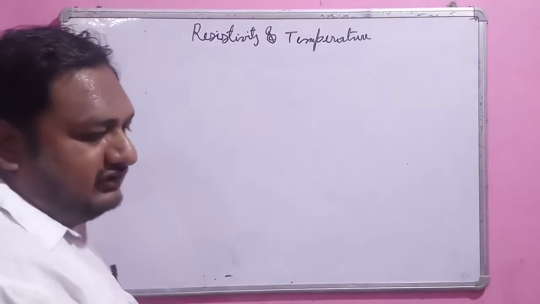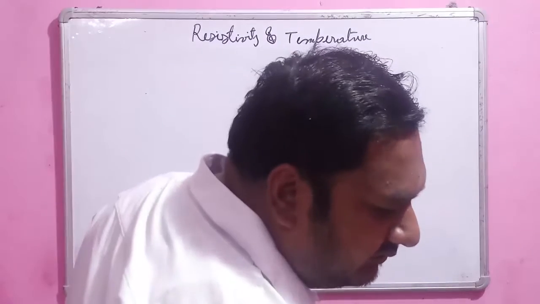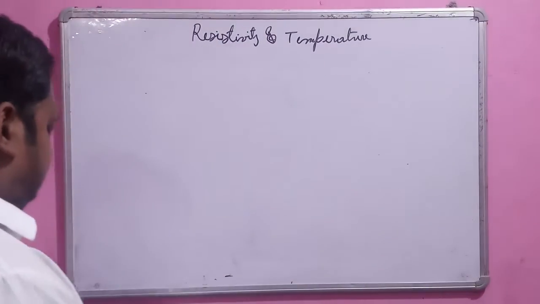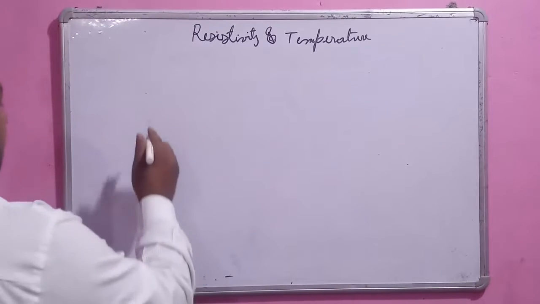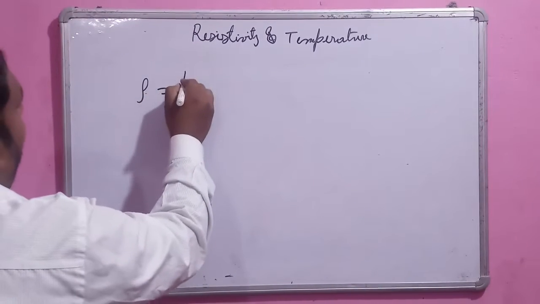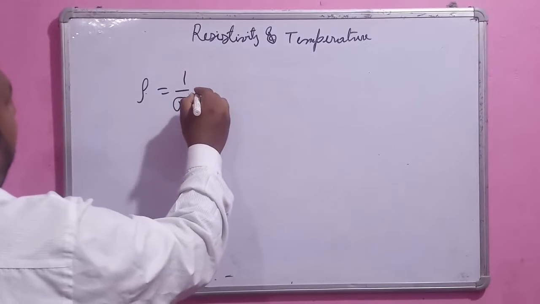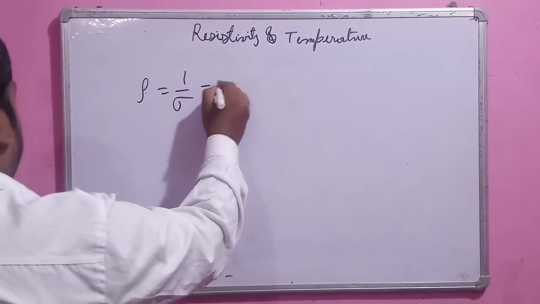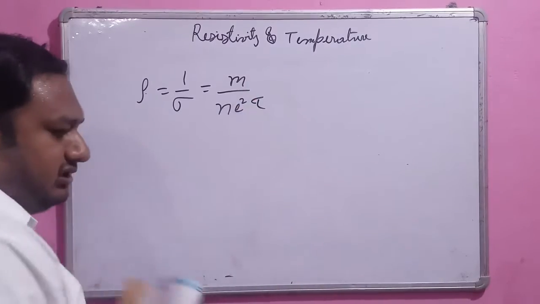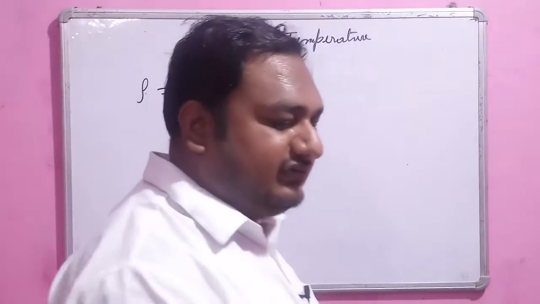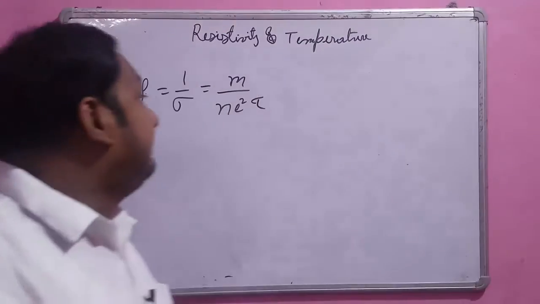Now, the relationship between the resistivity and temperature is rho equal to the inverse of sigma, 1 upon conductivity, equal to m upon n e square tau. This is the mathematical relationship we have derived.